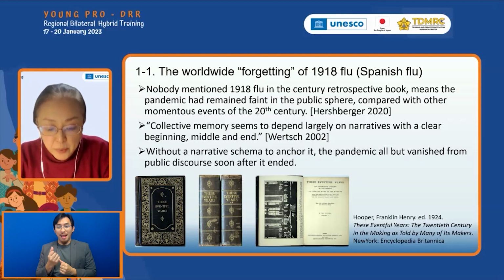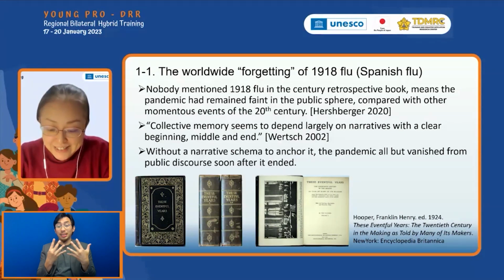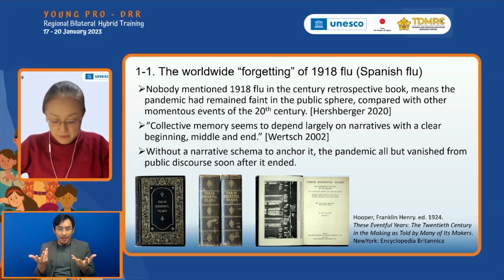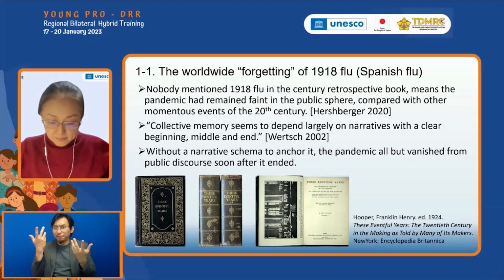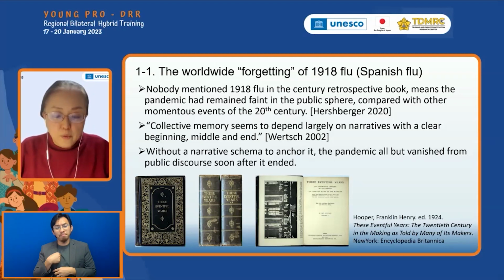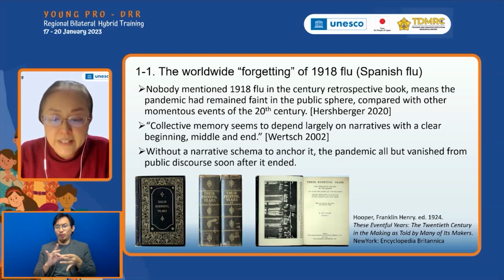From this standpoint, an invisible enemy, such as the 1918 flu, made little narrative sense. It had no clear origin, killed otherwise healthy people in multiple waves and slinked away without being understood. So from this, we find that without a narrative schema to anchor it, the pandemic all but vanished from public discourse soon after it ended.